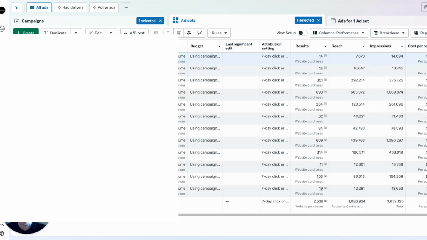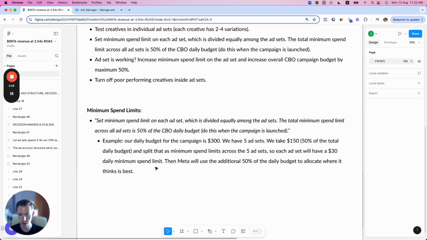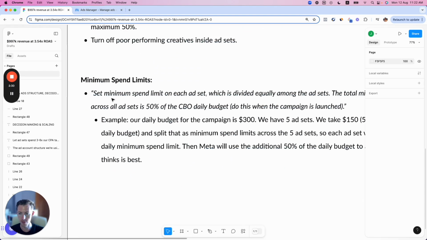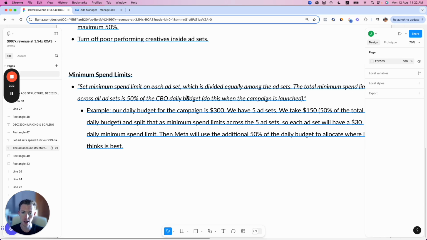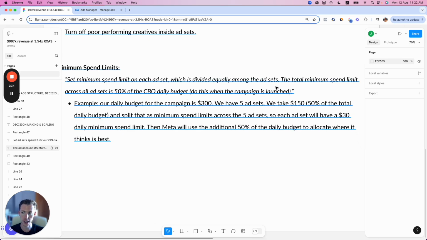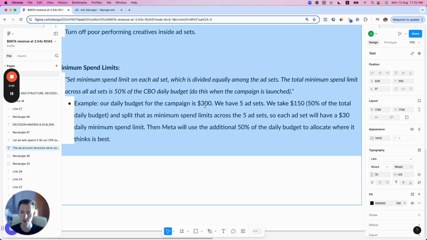And just jumping back to explain this minimum spend limit a little bit more. So I said we set the minimum spend limit on each ad set, which is divided equally among the ad sets. The total minimum spend limit across all ad sets is 50% of the total CBO daily budget. An example of this is, let's say our daily budget for the campaign is $300, right?